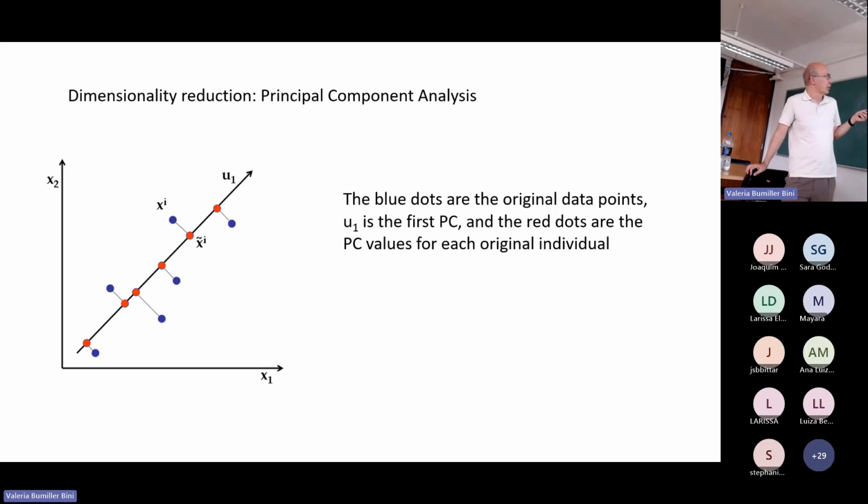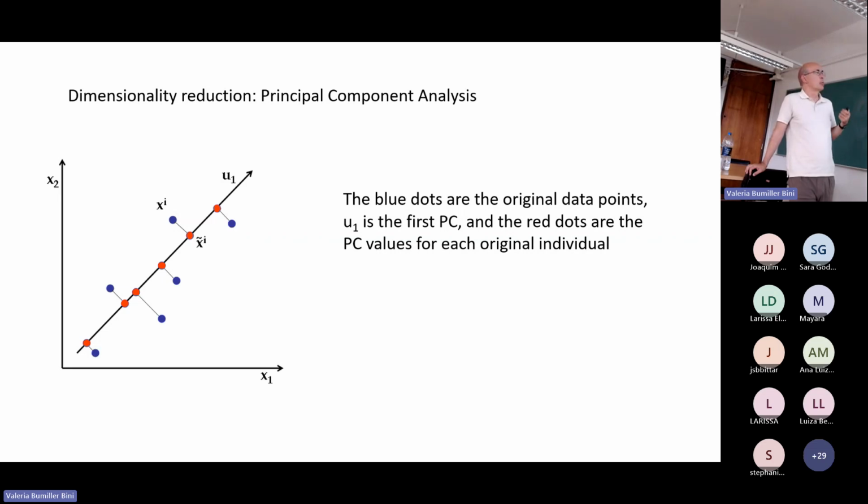Here the blue dots are our original values, and we can compute this line so that we are now capturing most of the variation and projecting our original data on this line.